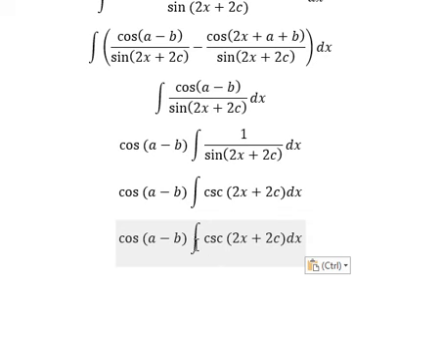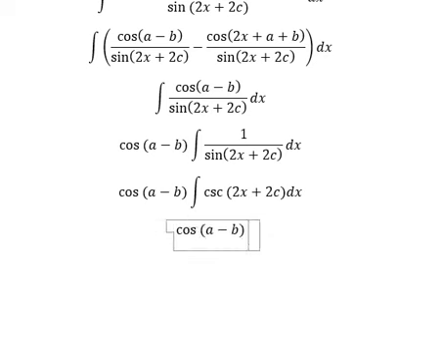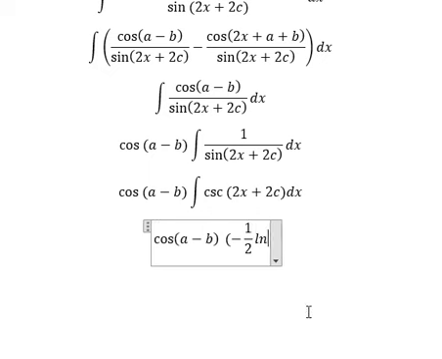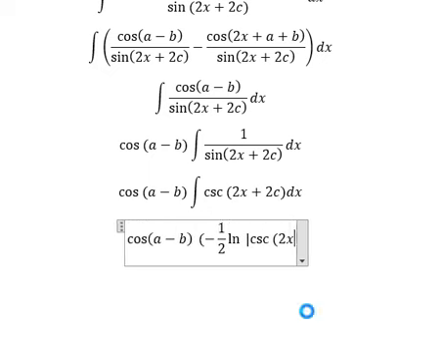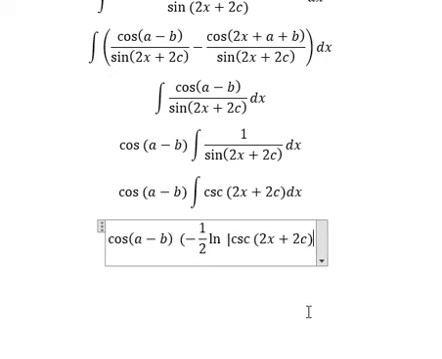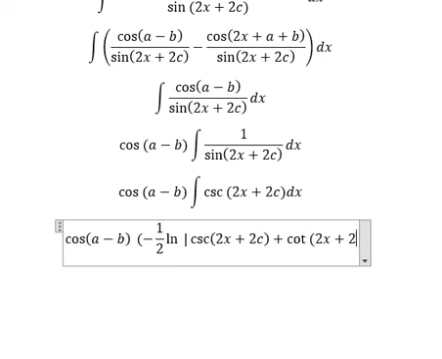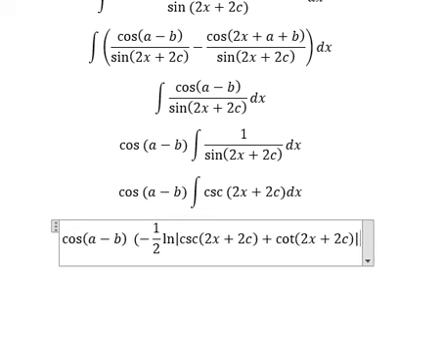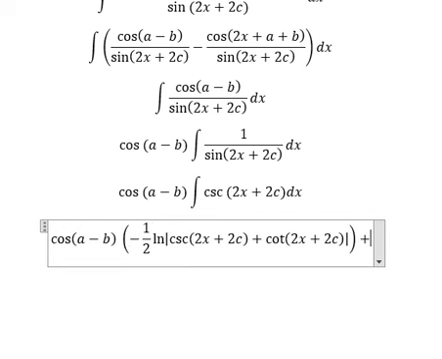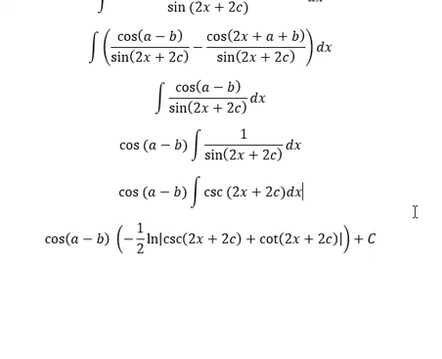So the integration of this one that is about negative 1 over 2 Ln of the absolute value of cosecant of 2s plus 2c plus cotangent of 2s plus 2c. And I will put about the c in here. That is about the constant.